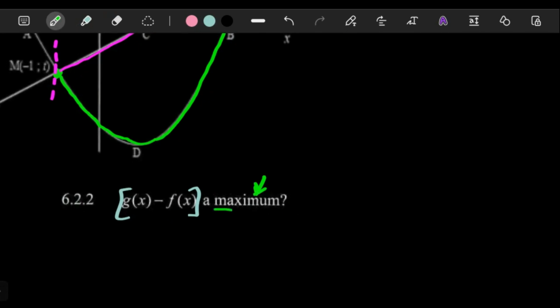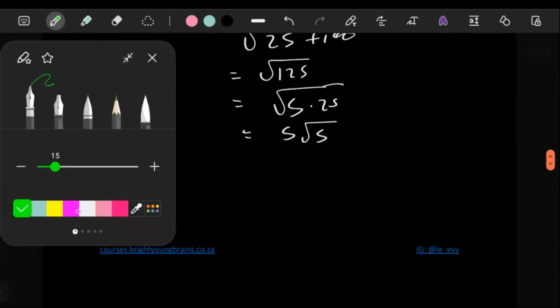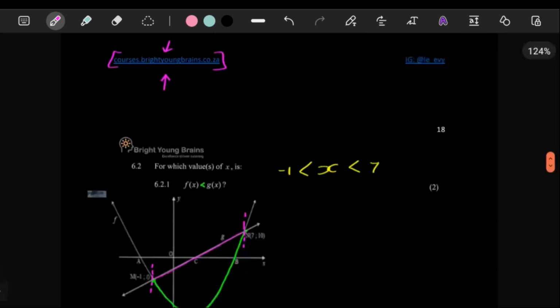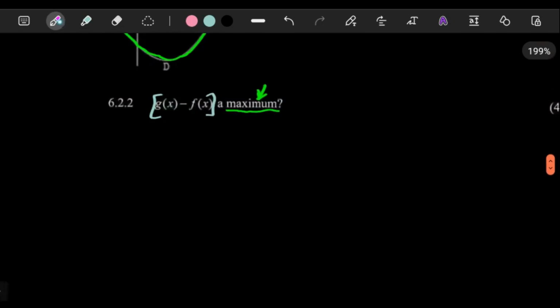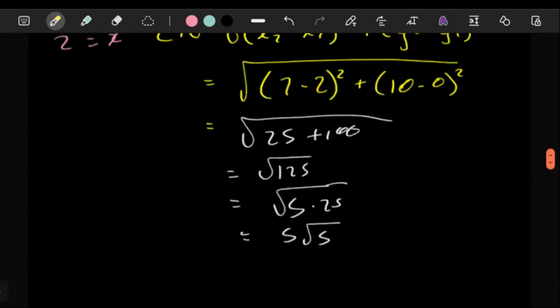Anytime they ask for the maximum of something, remember, within the online courses on our website, the link to that in the description, the one thing you always hear in the calculus course is that if you need to work out the maximum or the minimum of something, whatever equation that is, differentiate it and make it equal to 0.